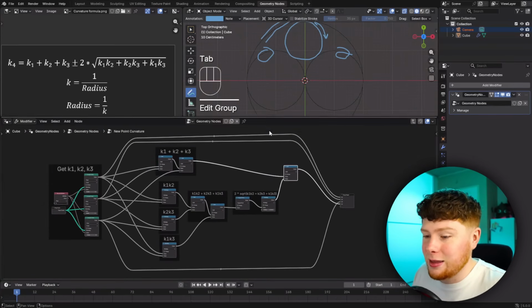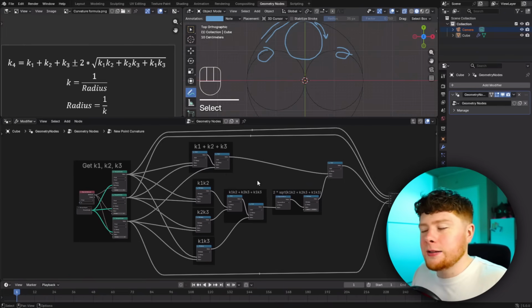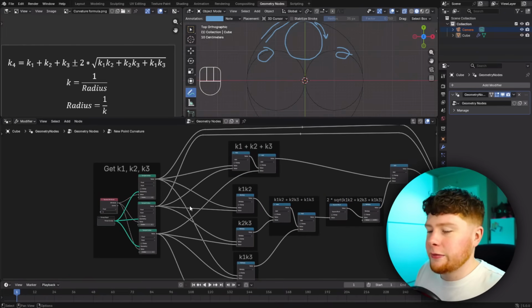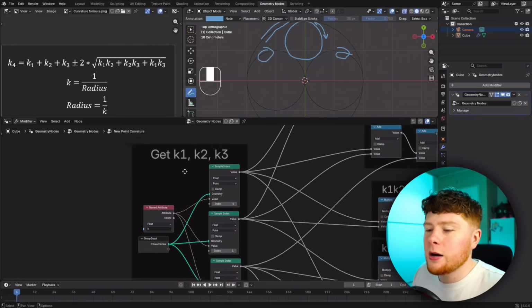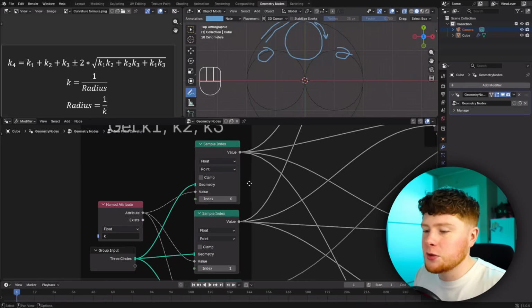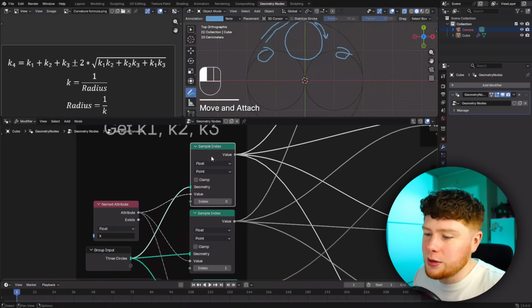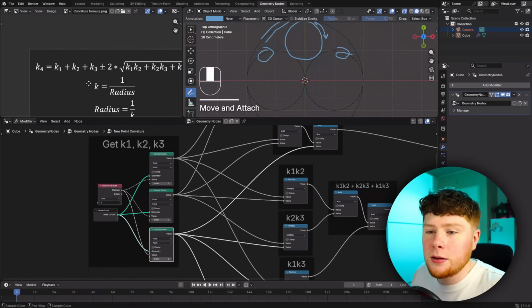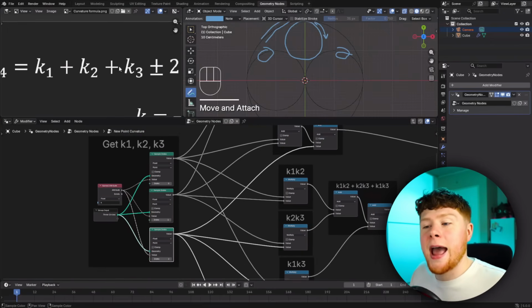It looks like this. Okay, you don't have to know in detail what really is happening in these formulas, but I will go over it a little bit. So first of all, we are extracting K1, K2 and K3 from this geometry with the sample indexes. So this is K1, this is K2 and this is K3. Then you see in the formula, we have to add those together.